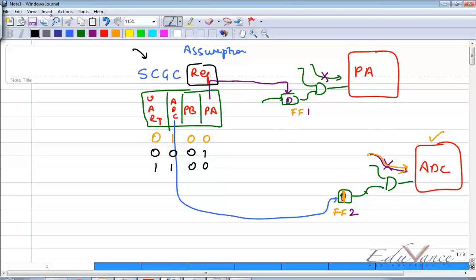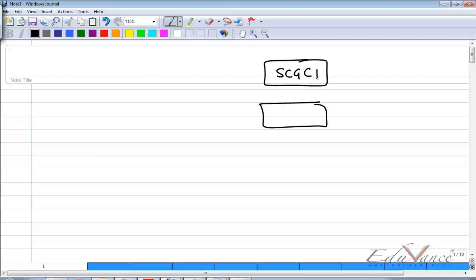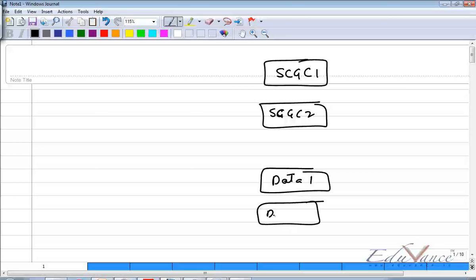So now let us take an example that I have a register SCGC1, then I have another register SCGC2, which is for some other interfaces. Then I have some data registers. So data 1, data 2.